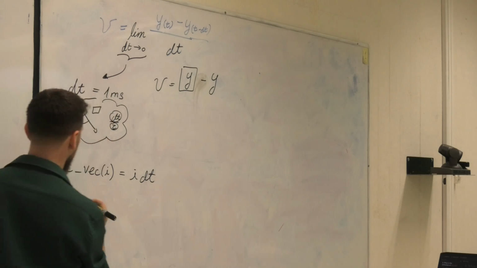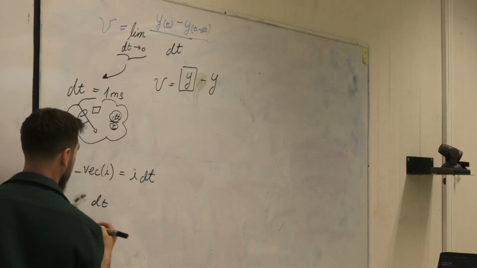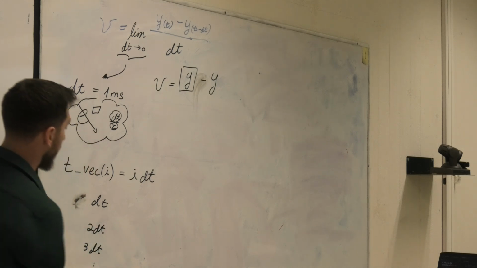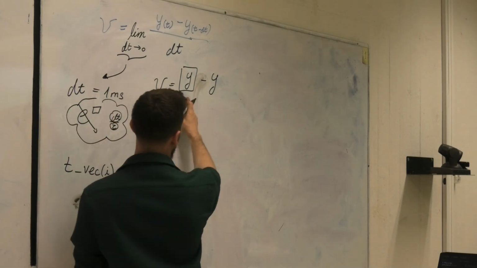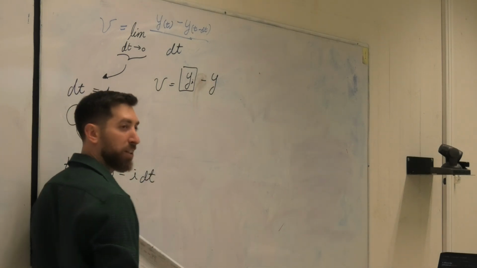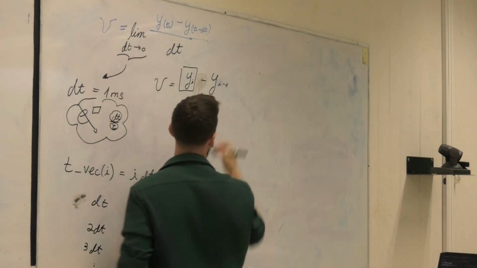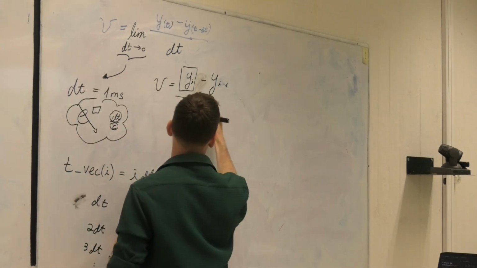I'm at the first dt, the second dt, the third dt, until the simulation is over. So I can count time with dt's. So if this is yi, the current, this is one step before. You see what I mean? Divided by dt.